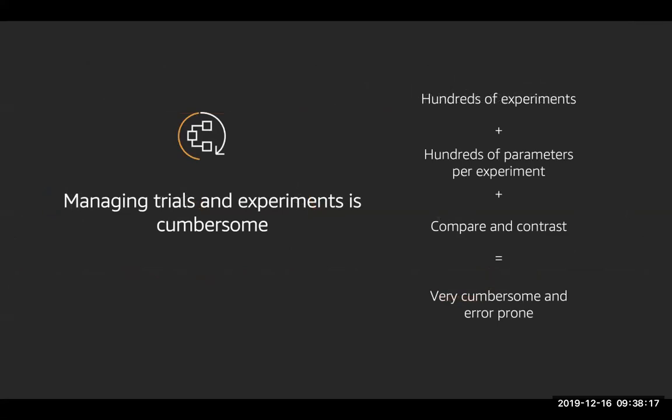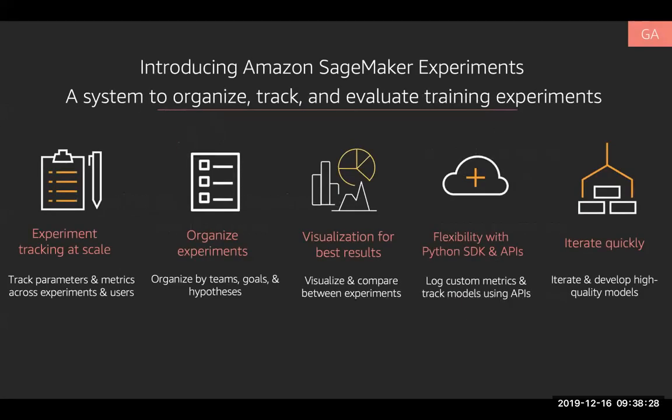Okay, so the next big thing, and I think that might be really of interest for a lot of you, is how can we make it easier to do experiment tracking? So we introduced Amazon SageMaker Experiments, and now we can run experiments at scale, and we keep track of all the different trial runs, and you can visualize those.